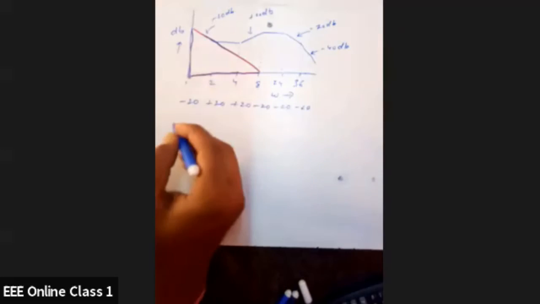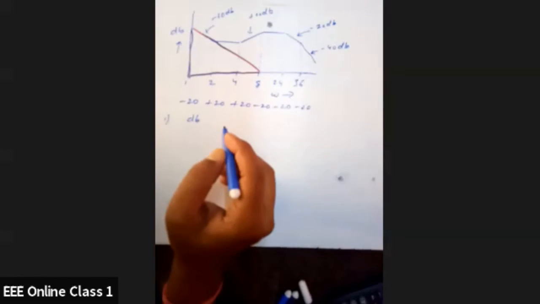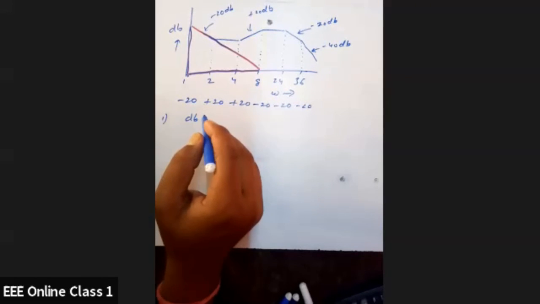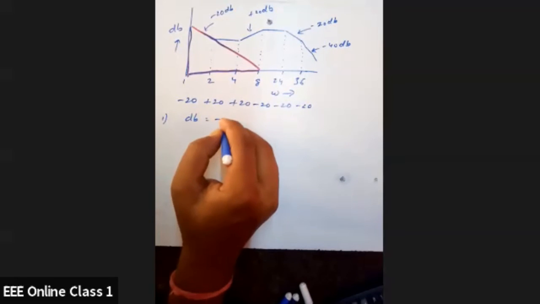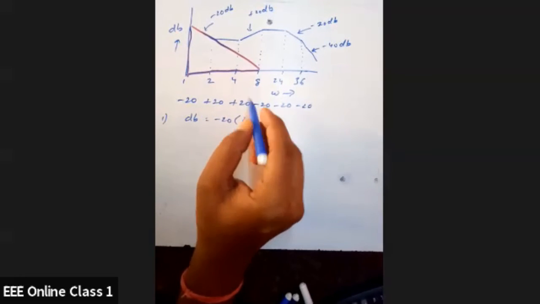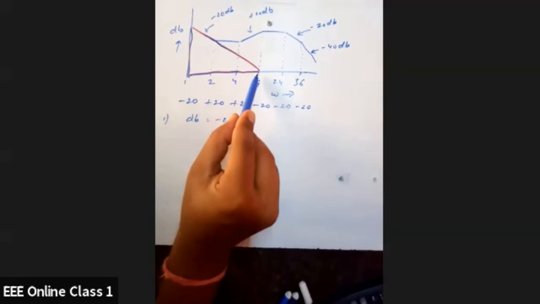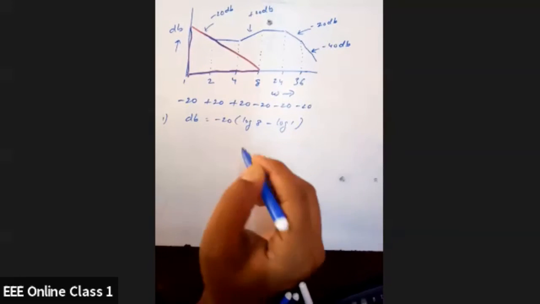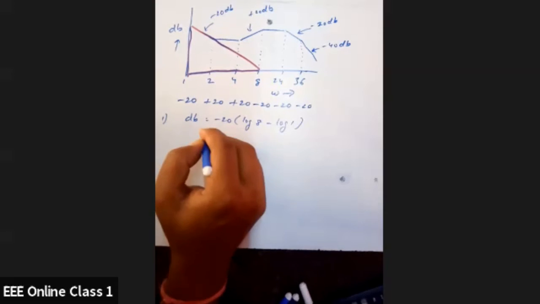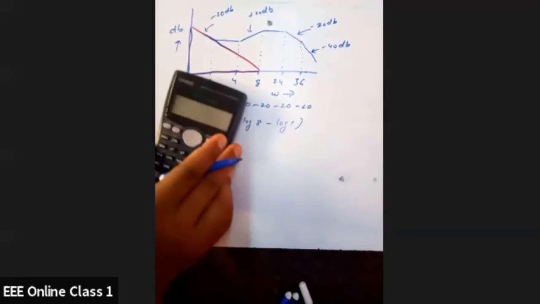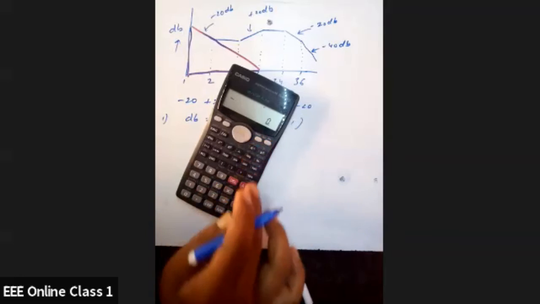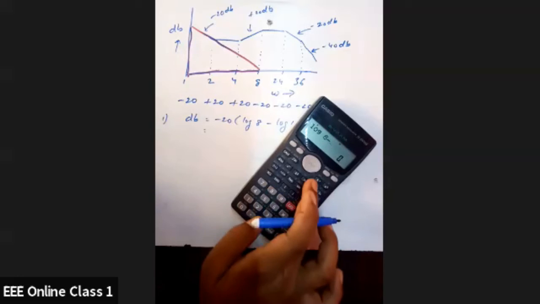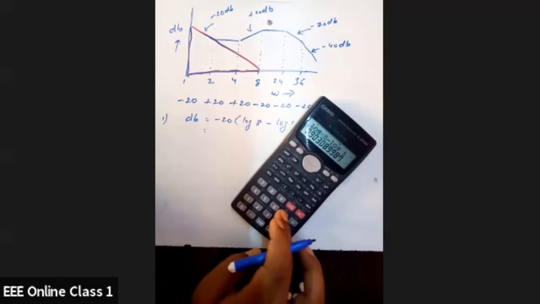So dB equal to slope times log of omega 2. Now for this triangle, omega 2 is 8, minus log of 1: log of 8 minus log of 1 into minus 20.